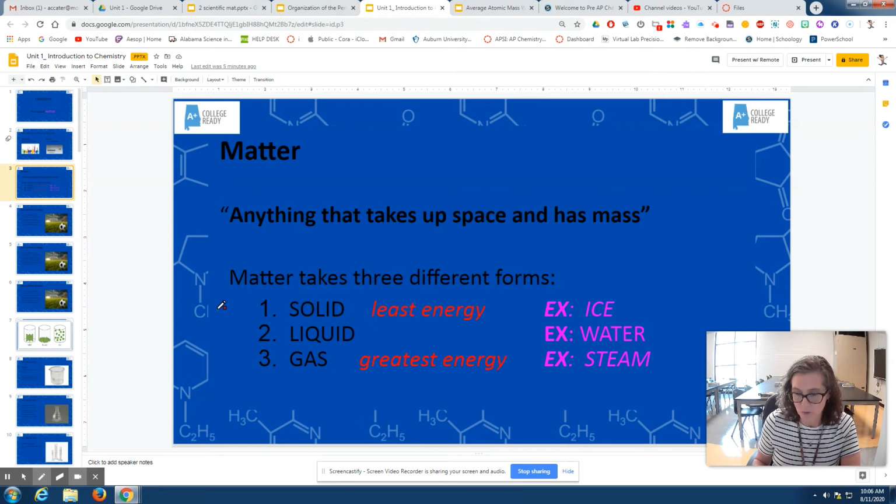And what you need to remember about each of these forms: a solid has the least amount of energy. They are moving the slowest. So particles in a solid move very slowly. They, in general, are very rigid in their shape.